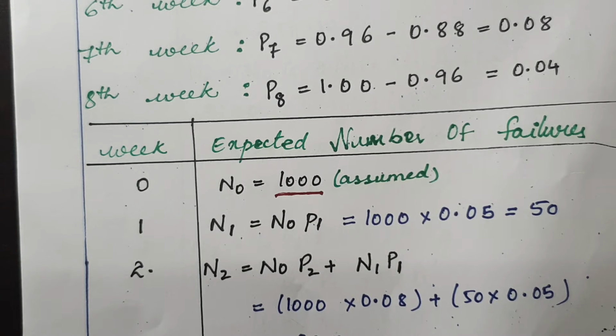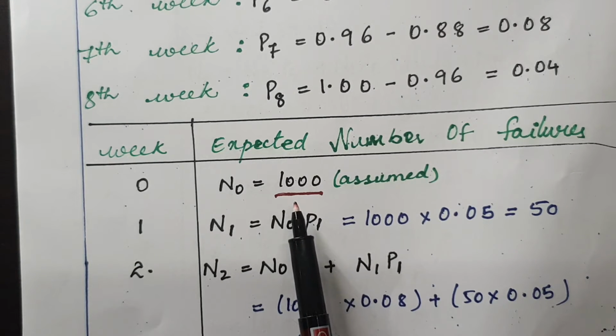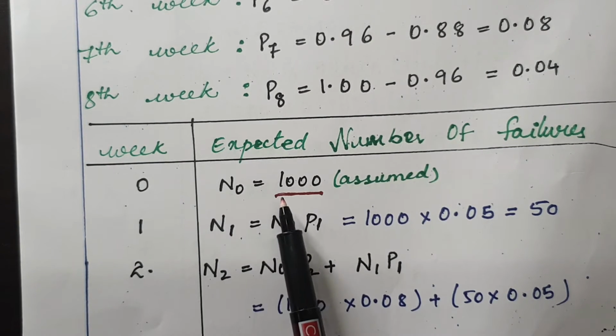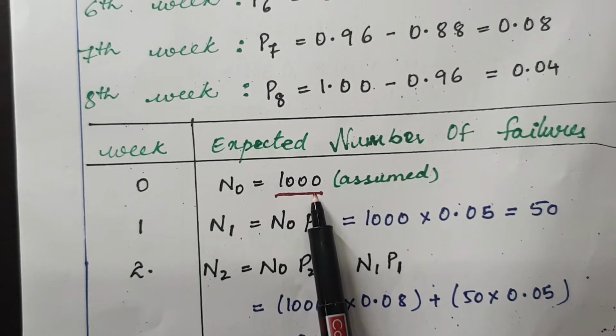Mostly 1000 is given in questions. If it is not given, you can assume n naught as 1000.